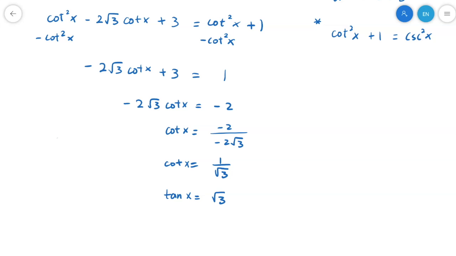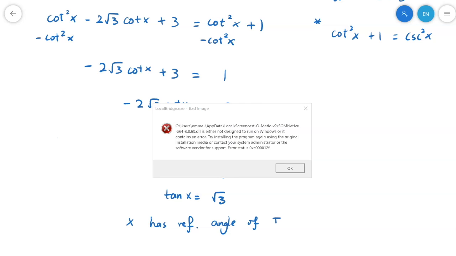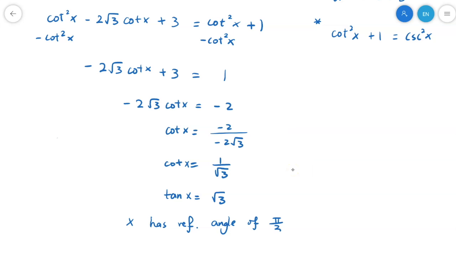The tangent of x equal to square root of 3 tells me that x will have a reference angle of pi over 3. Since it's positive, it's in quadrant 1 and quadrant 3.